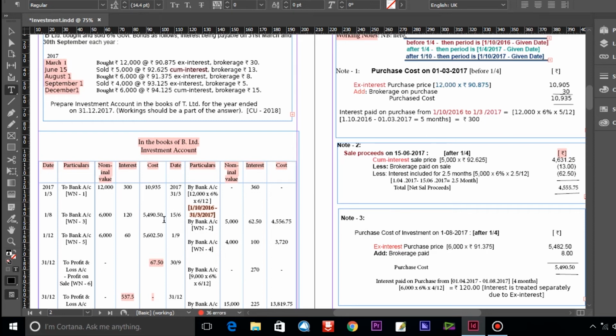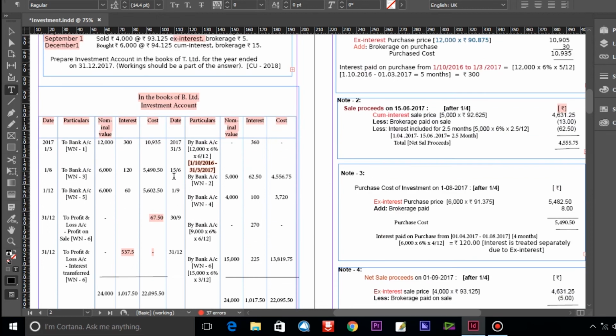Now the fourth transaction, sold rupees 4,000 at 93.125 ex-interest. Again, it is ex-interest. Therefore, likewise, we can pass the entry by bank on 1/9/2017.